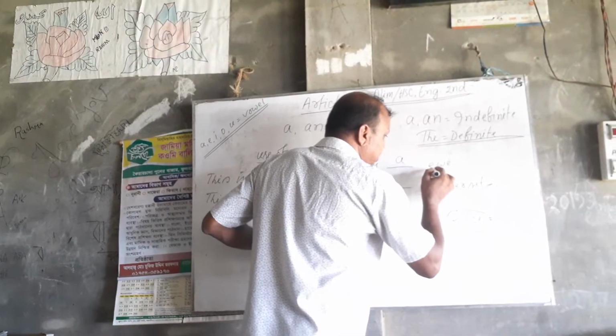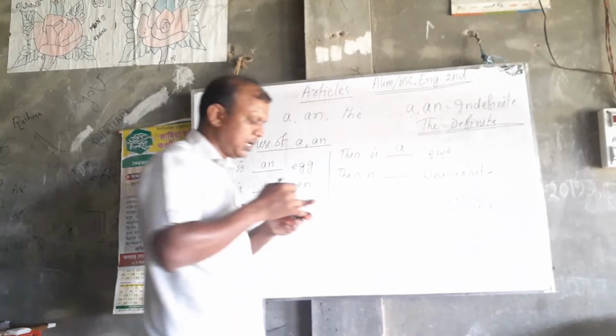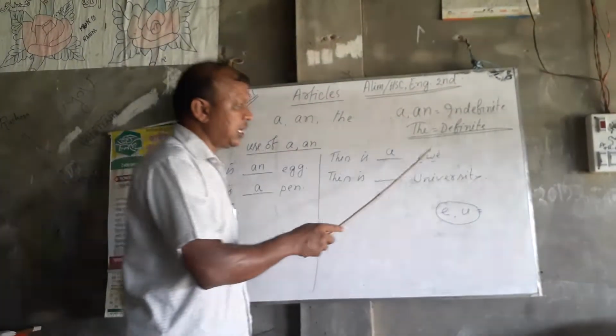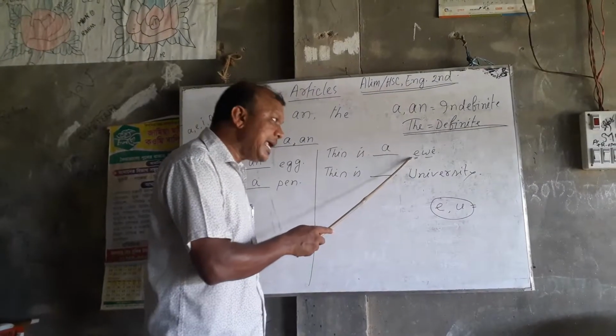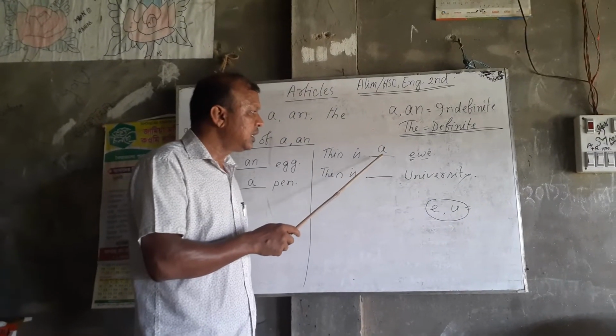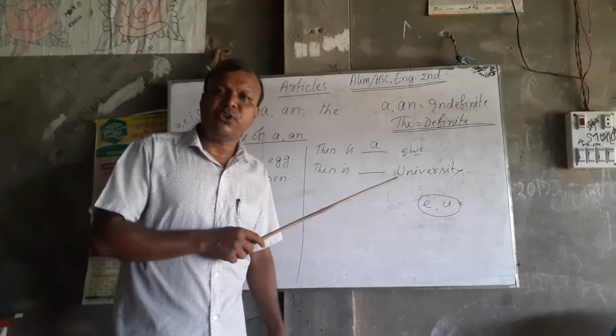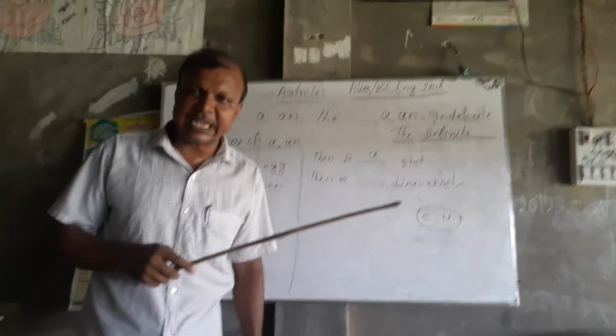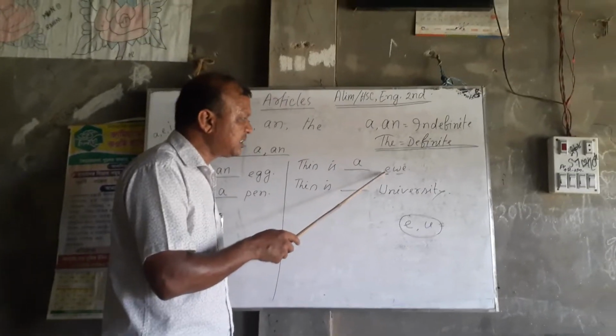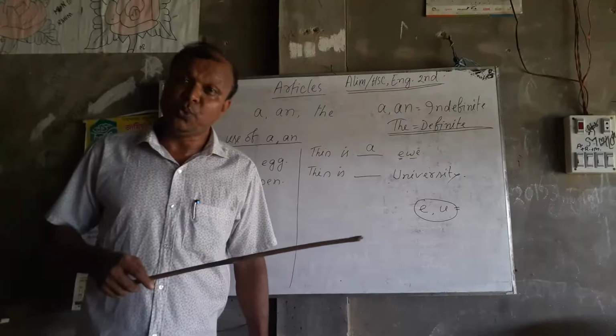Although the first letter of the word is a vowel, yet we have to put A instead of An, because the pronunciation of this letter is "you".